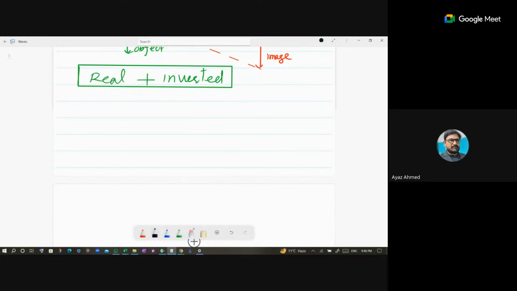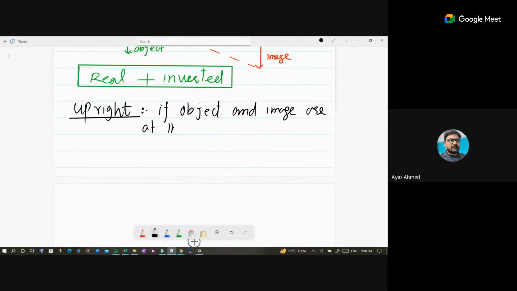And then we have upright. Upright is on the same side of the x-axis. If the object and image are on the same side of the principal axis, then the image is upright.